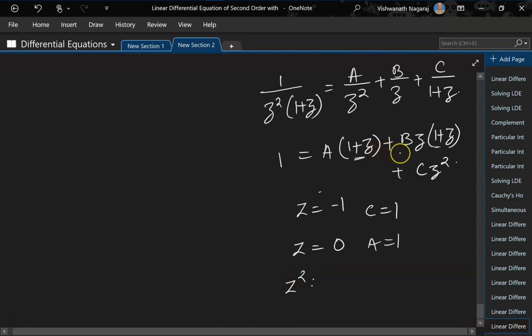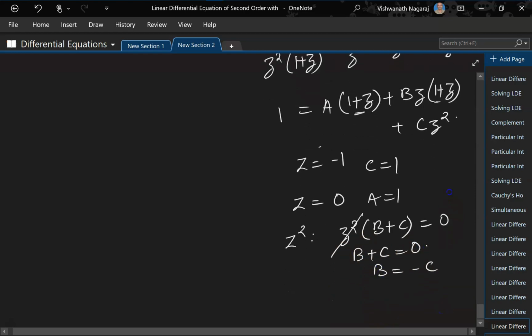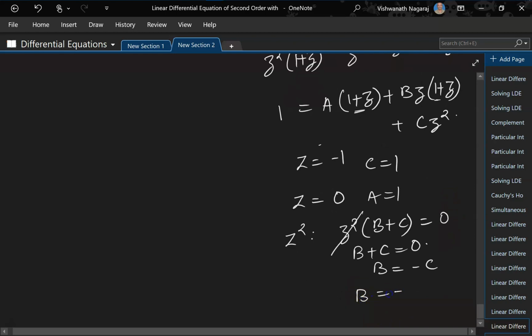So z square times b plus c is equal to 0, which means b plus c equals 0, or b is equal to minus c, which means b is equal to minus 1.